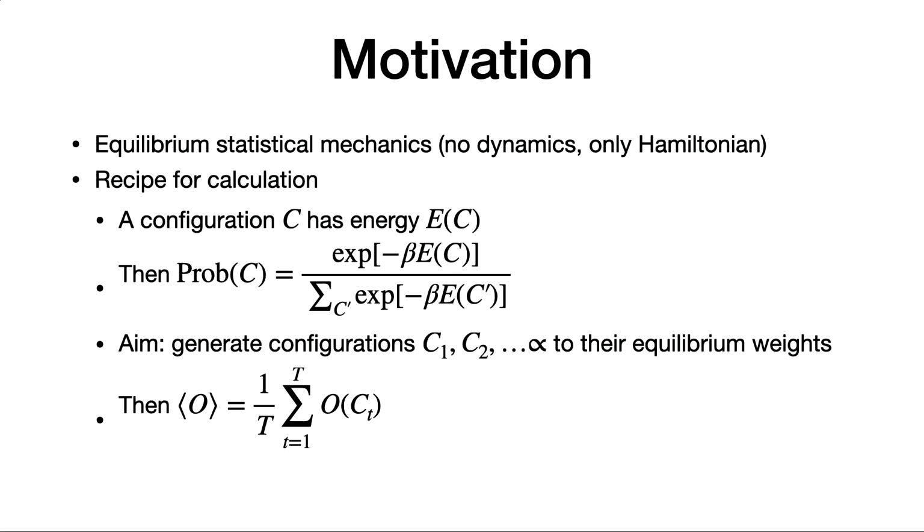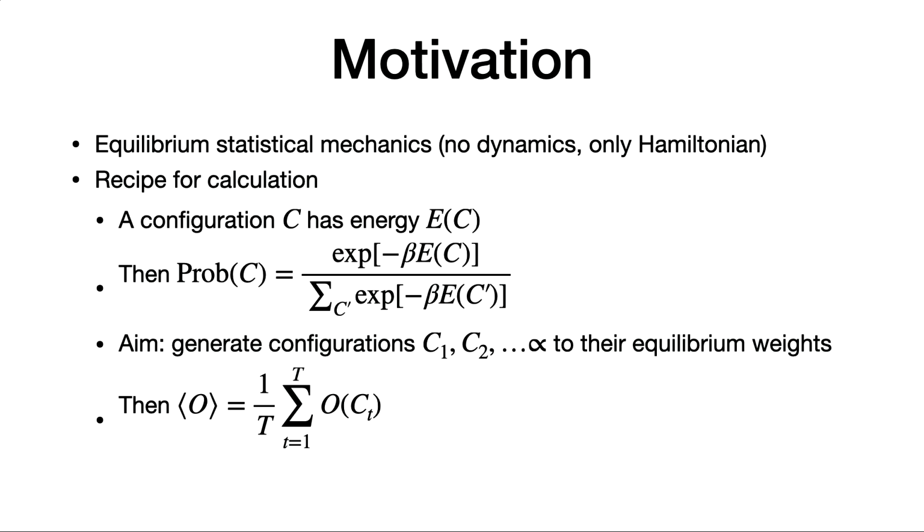Then there is a recipe given for calculation. If I give you a configuration C with energy E and the system is at constant temperature, beta equals 1 by kT, then the probability of a configuration is given to you. This we know from the canonical ensemble: it is proportional to e to the power minus beta E.